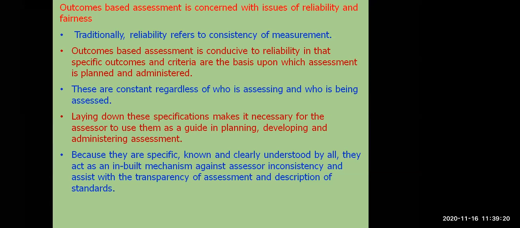Because the student also knows against what he will be assessed. The assessor also knows. The examiner also knows. So it is very unlikely that there will be inconsistency, and the results are likely to be consistent. If a student has been certified that he knows how to do motor winding, that means he knows it, right?